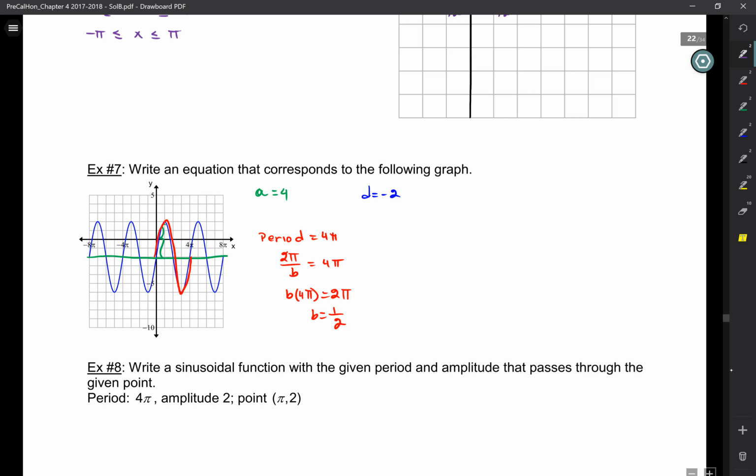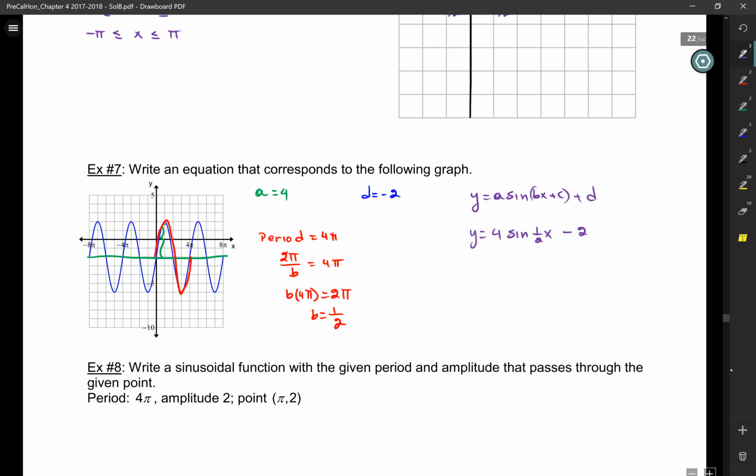So, y equals a sine bx plus c plus d. Y equals a, which is 4, sine half x. There is no c. Don't put +0, please. And then it's plus d, which is -2.